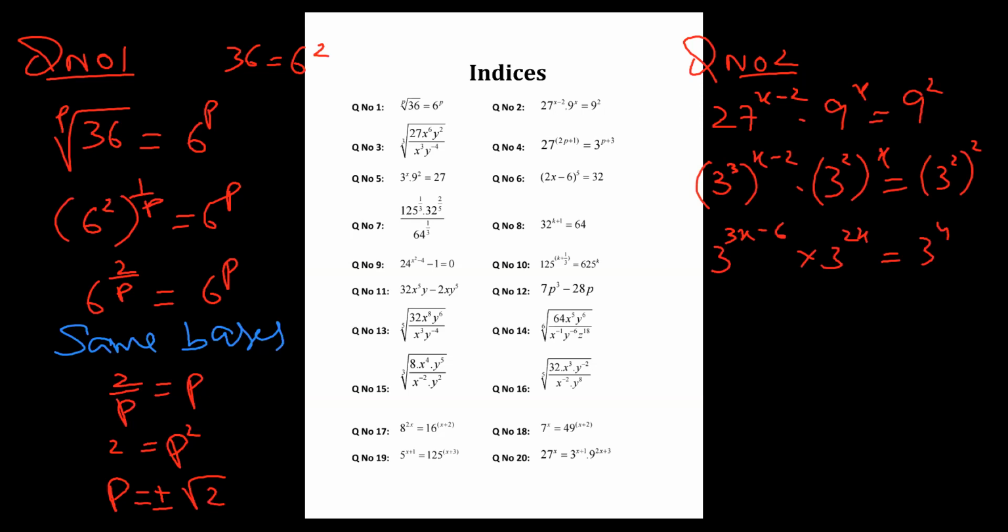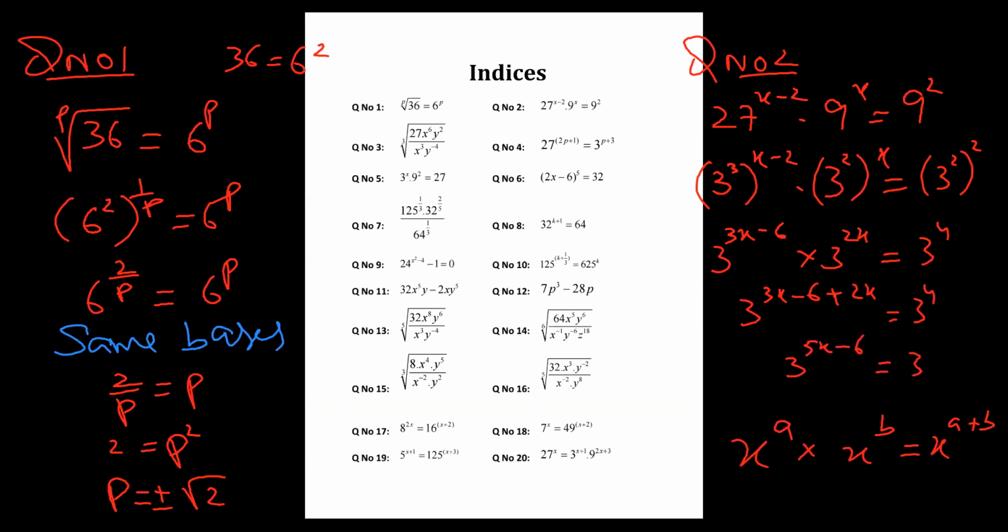Now same basis, power add, like x to power a times x to power b. So power adds. Same story, 3 to power 3x minus 6 plus 2x is equal to 3 to power 4. And 3x plus 2x give you 5x. I am doing extra steps, but you can skip 1 or 2 if you wish.